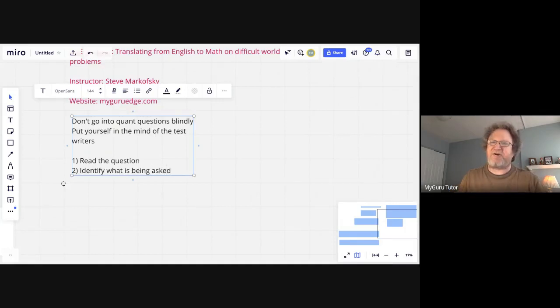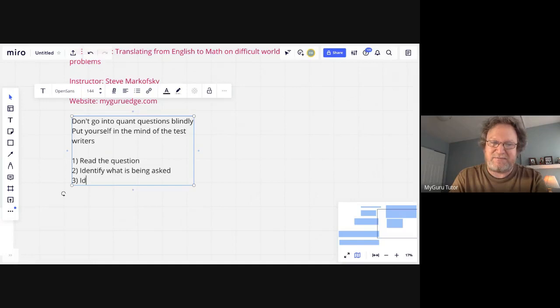It's very easy to get caught up in solving for 3A, and then when they ask you for B, you spent all your time solving for something else, so you aren't actually responding to the question. Or if there's a word problem and it says, how long does something take, they're going to be asking for some unit of time, maybe hours, maybe minutes. So don't give them something that they're not looking for. Identify what's being asked.